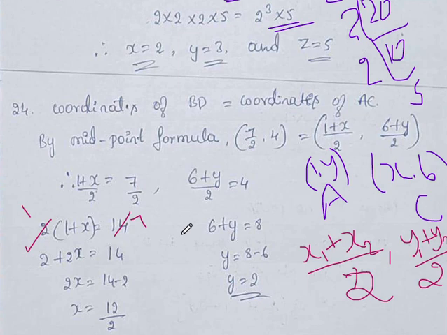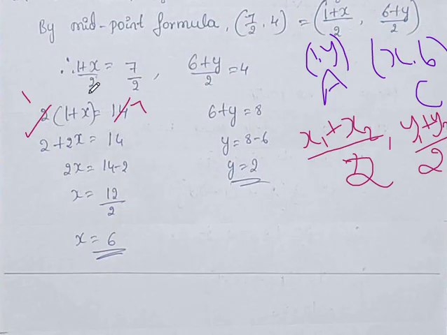If you take this plus 1 to the other side, 7 minus 1, you get 6 directly. Or multiply 2 inside the bracket: 2 ones are 2 plus 2x is equal to 14, so 2x is equal to 14 minus 2, which is 12, and again cross multiply 2, 2 sixes are 12. Both methods are correct, but the value of x should be the same.